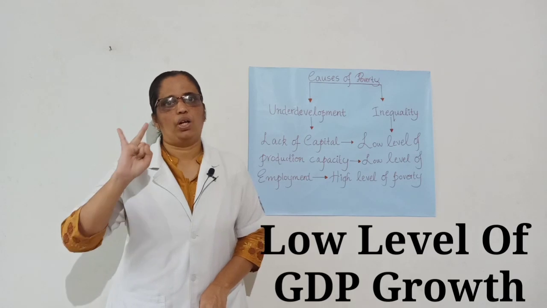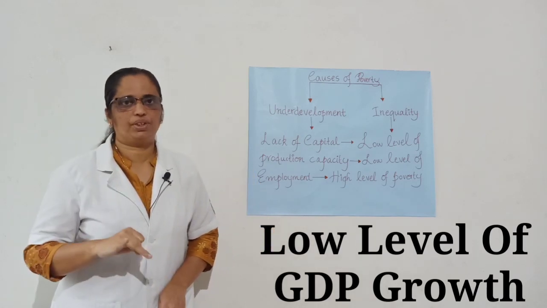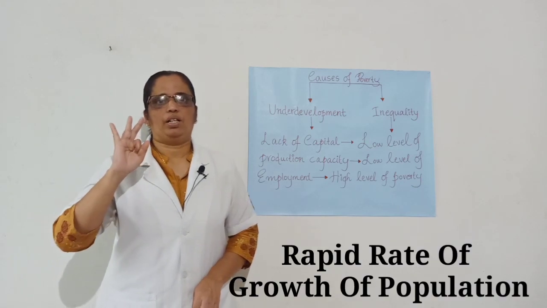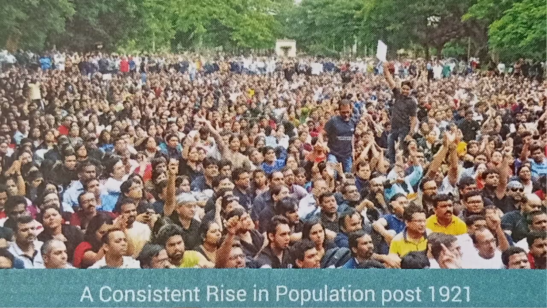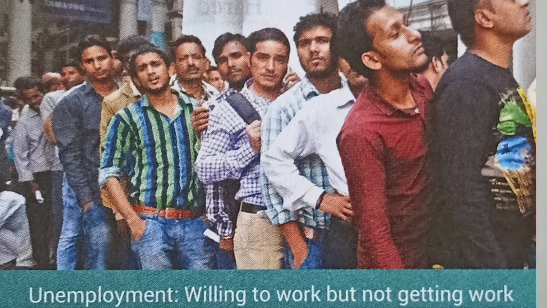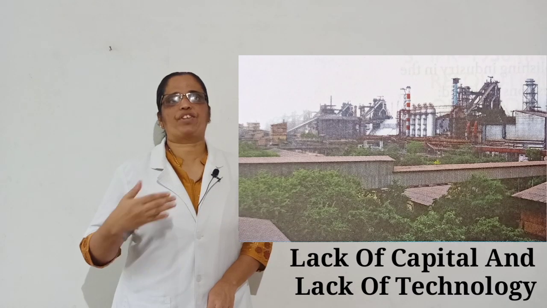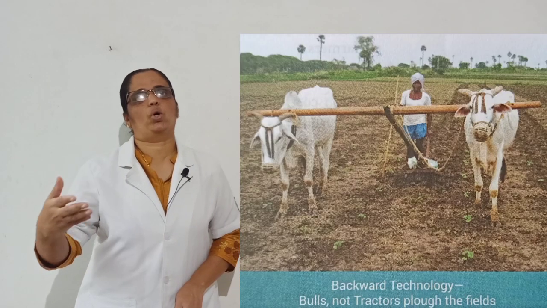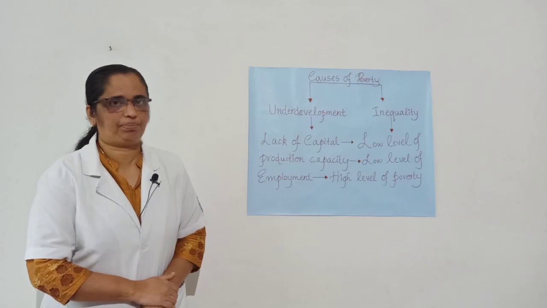Second, low level of growth, that is GDP growth. Third, rapid rate of growth of population, or you can say high pressure of population. Fourth, unemployment and underemployment. Fifth, lack of capital and lack of technology. And sixth, lack of infrastructure.